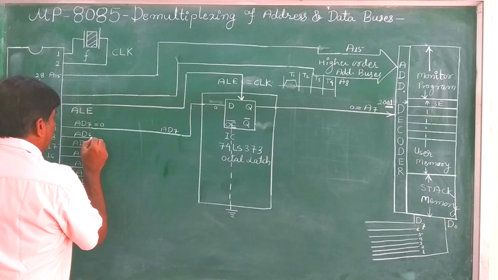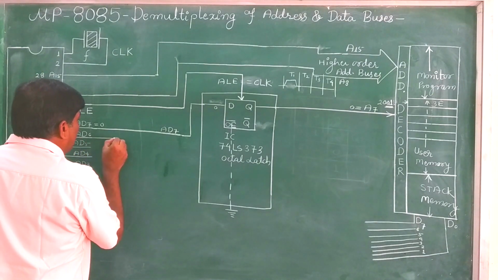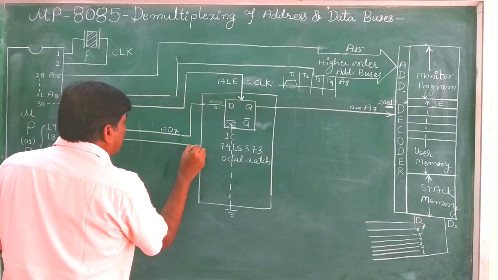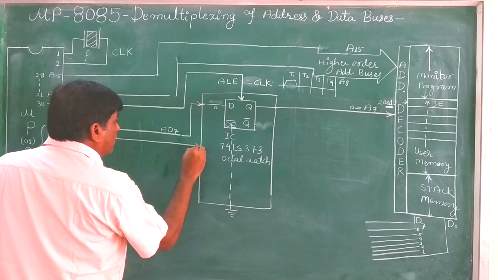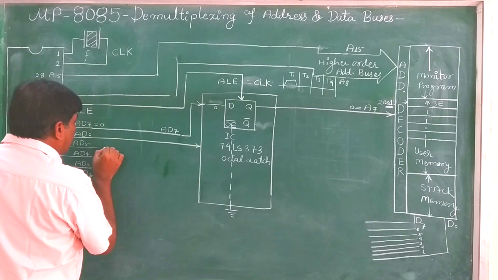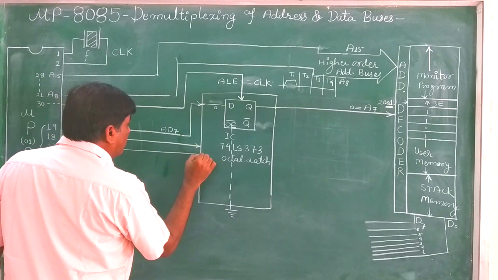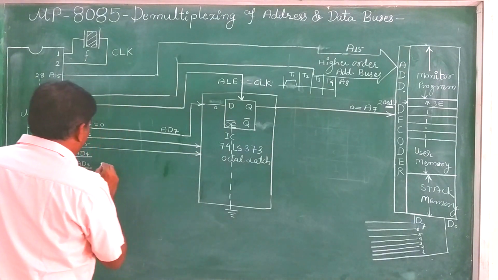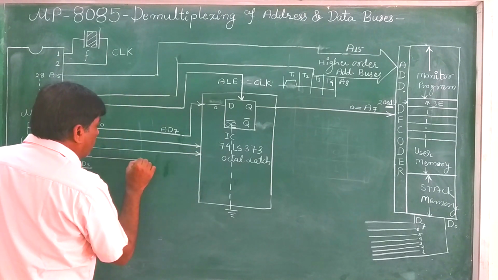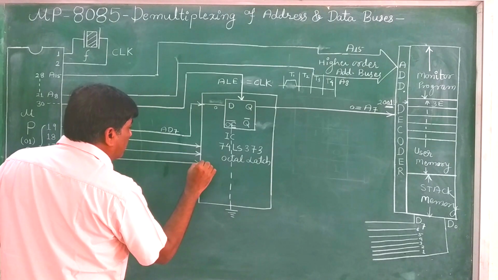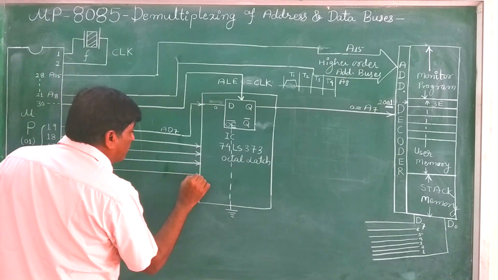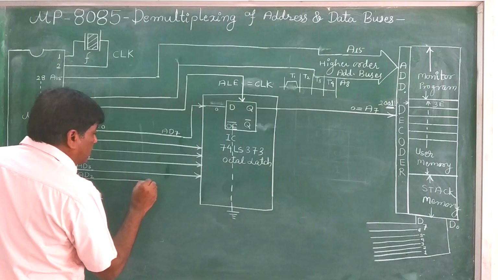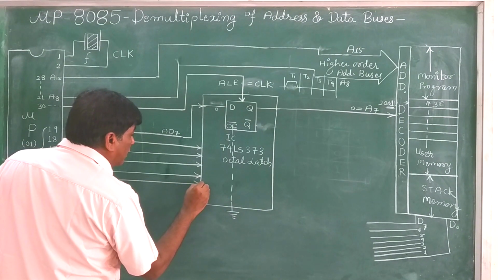Similarly, we may connect the other AD buses. Say it is AD7. Now we are doing AD6. Similarly, we can connect AD5 and AD4. As far as connections are concerned, if you have an understanding from the basics, there is nothing difficult in that.